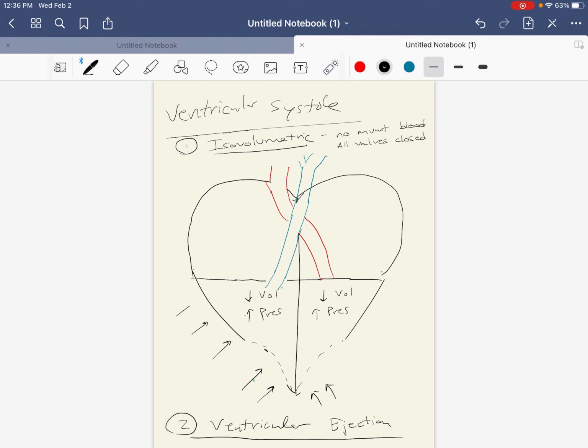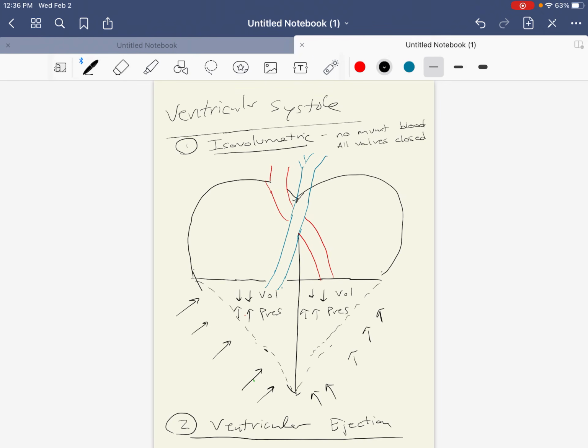So now that we are able to contract more and more of the ventricular wall, the volume of the ventricles is going to get even lower. Now we have a bigger decrease in volume, and a bigger decrease in volume means a bigger increase in pressure.